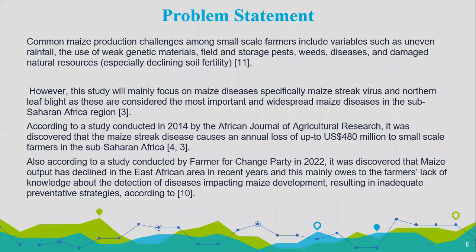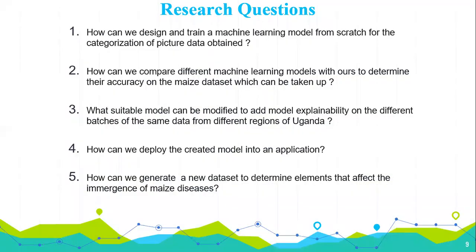Okay, the next slide is about the research questions. Now, these are the research questions that we're going to look at. The first one is, how can we design and train a machine learning model from scratch for the categorization of image data? How can we categorize the image data using machine learning models?